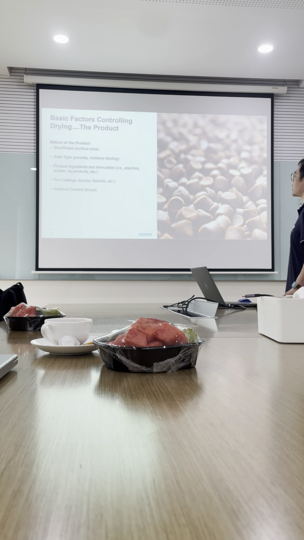From the product side, the product size, shape, and type, ingredient type, formulation, pre-coating, and moisture content are the key points for controlling.